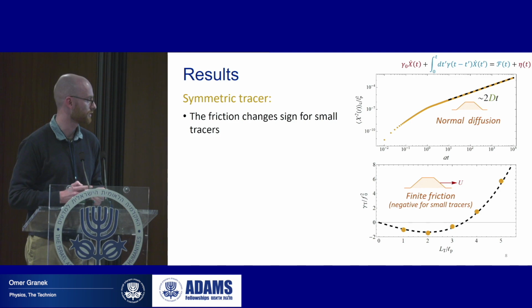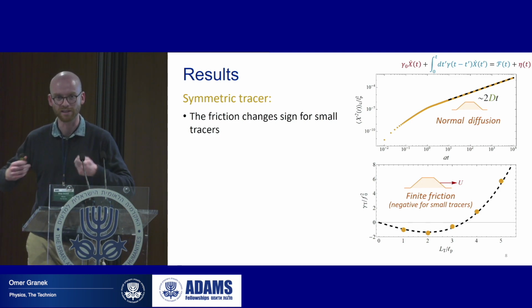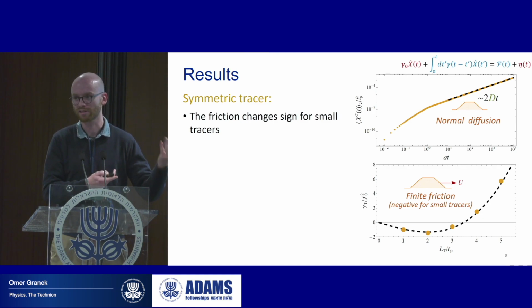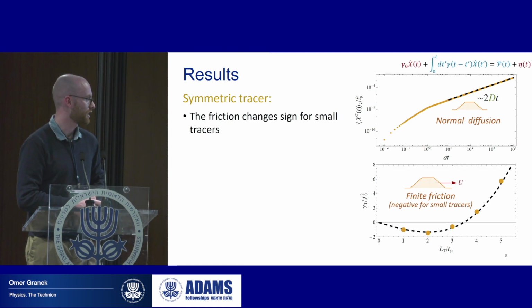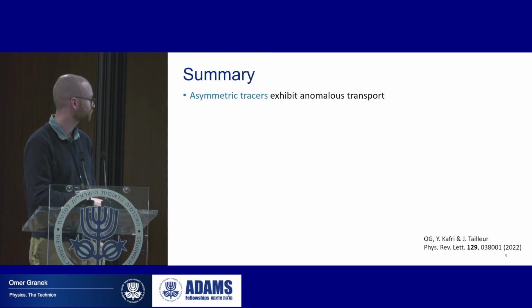If the tracer size is on the order of this length scale or below, what we obtain is negative friction. Basically, active particles move to the other side of the tracer and push from there, enhancing the tracer motion instead of resisting it. And here, again, we see analytics and the simulations on top of each other. So that's nice.